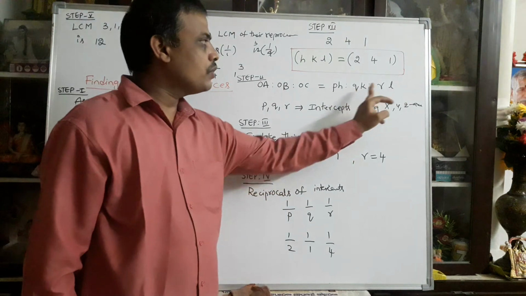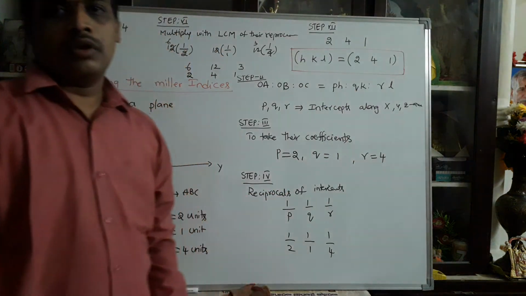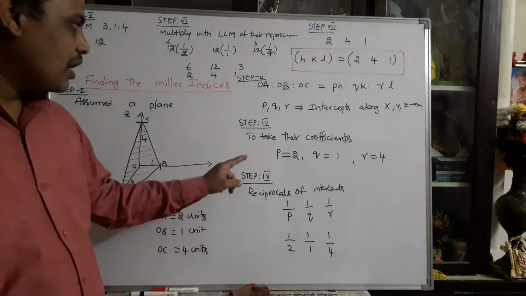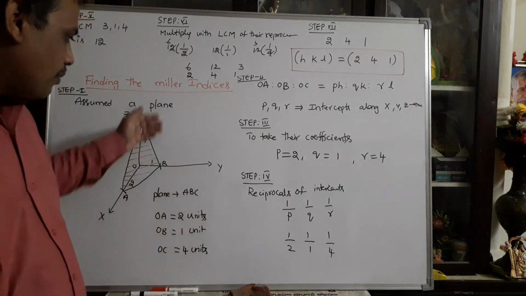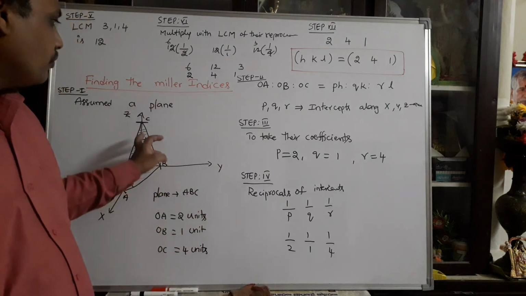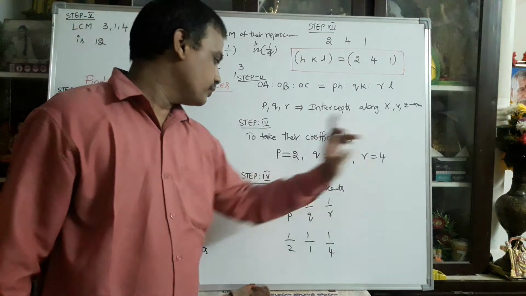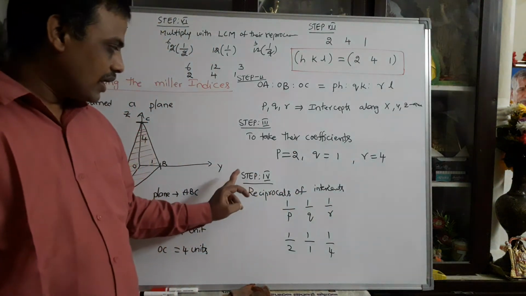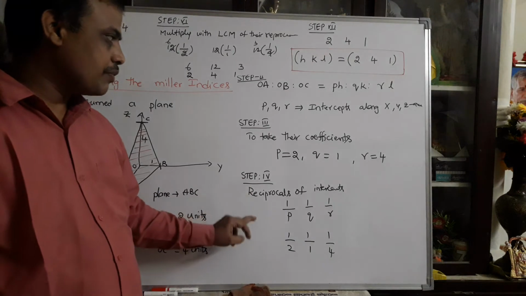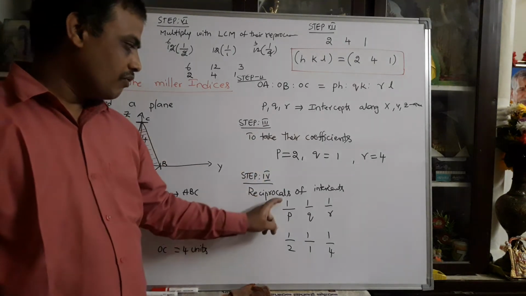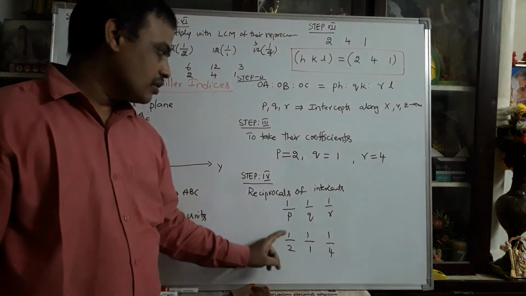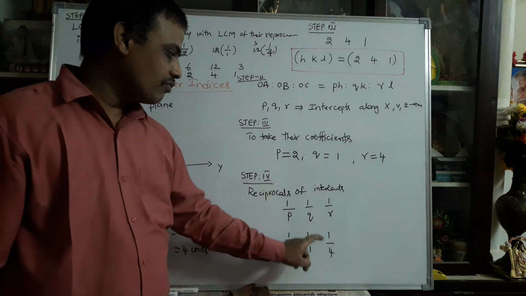So P, Q, R are the quotients of intercepts. So what are the intercepts along the x direction, y direction, z direction? I am taking the plane as the 2, 1, 4 plane. So P is 2, Q is 1, R is equal to 4. In a similar way, you take step number 4, the reciprocal of their quotients: 1 by P, 1 by Q, 1 by R. Nothing but 1 by 2, 1 by 1, 1 by 4.